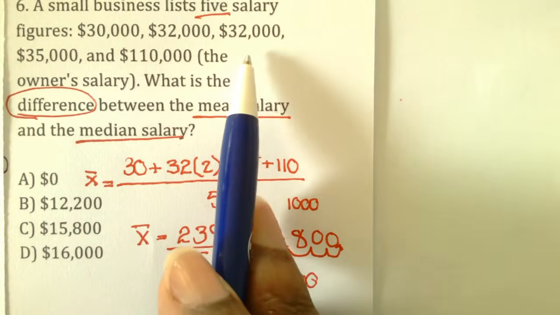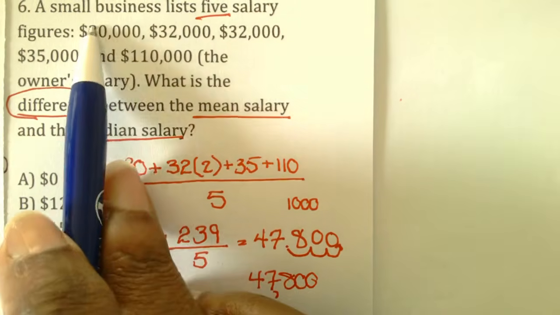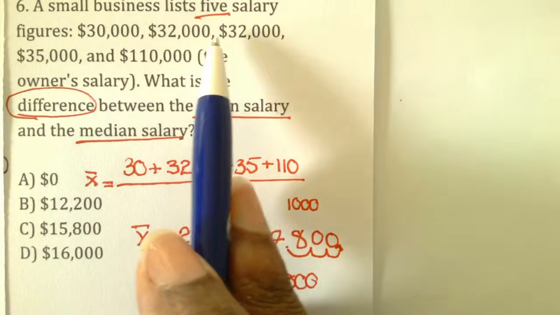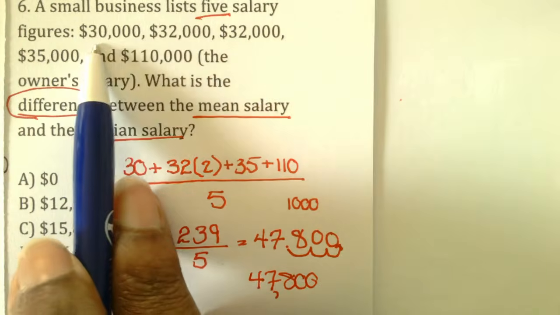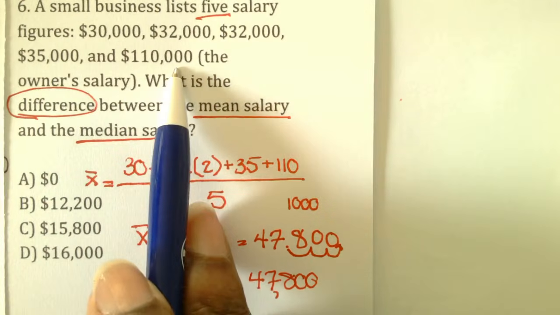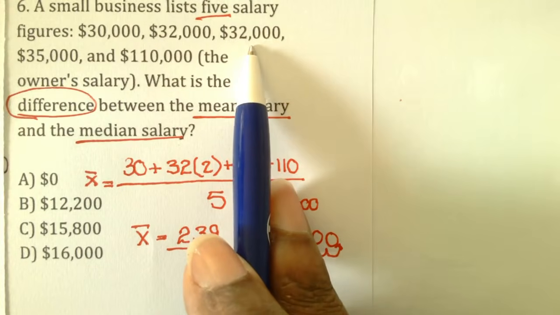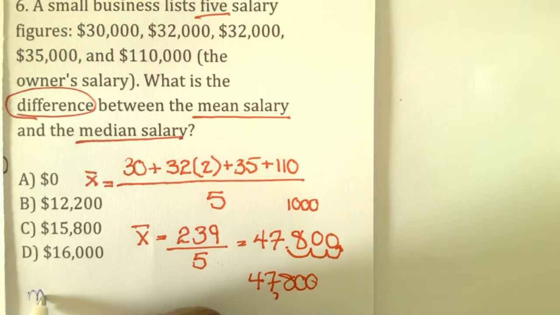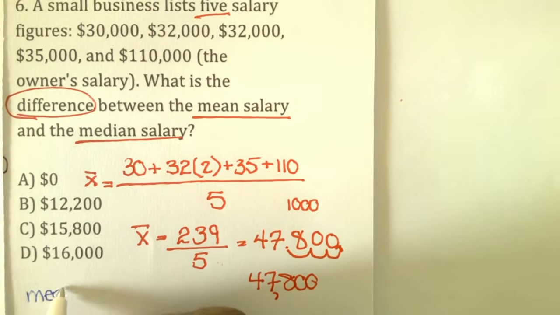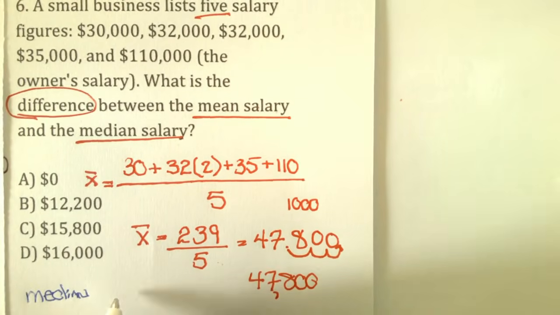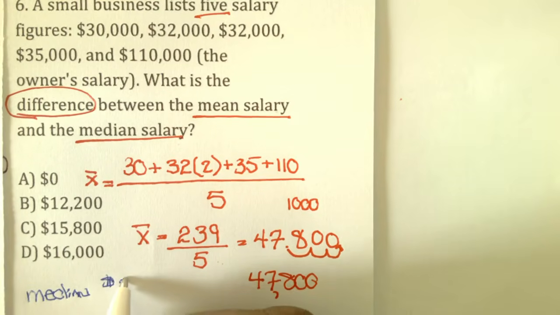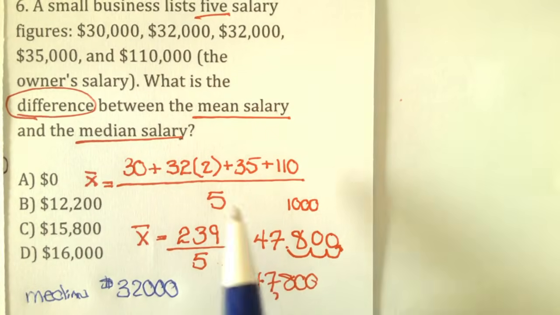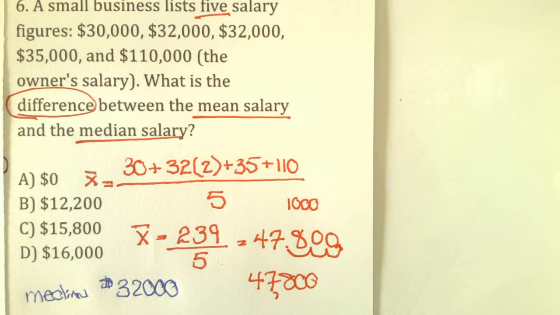Counting towards the middle, we knock out the 30 and the 110. We knock out the 32 and the 35. So the one in the middle, because my numbers are already in order, is 32,000. So my median salary is 32,000, and they're looking for the difference of the two.